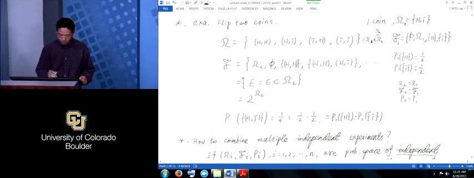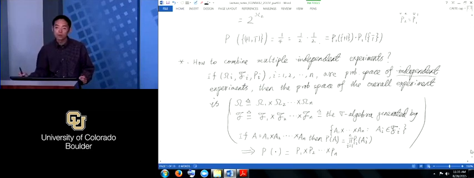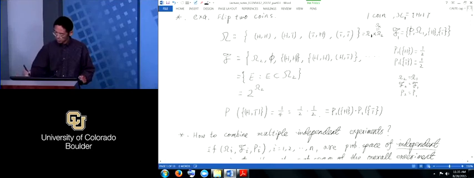Okay? And the overall experiment for the F, let's look at the F. Say identical when all the omega, F, and P are the same, right? Yeah. It means the three elements of the probability space are the same.